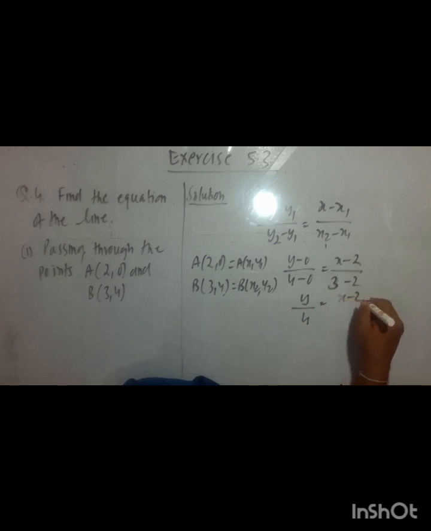So this is x minus 2 upon 1. So straight away cross multiplication will give you y is equal to 4x minus 8. So you can write this equation as 4x minus y minus 8 is equal to 0. So that will be your equation.